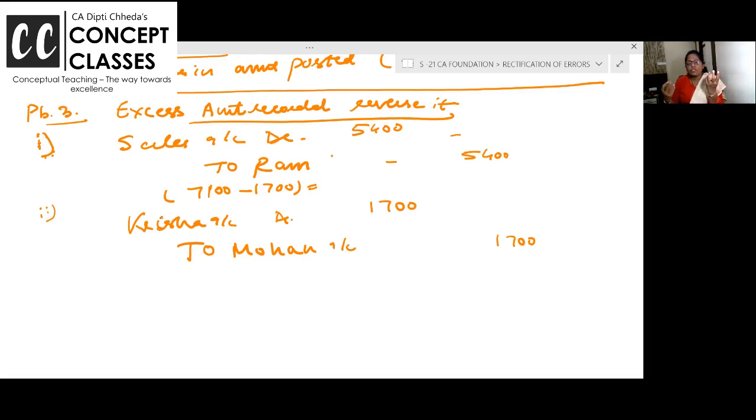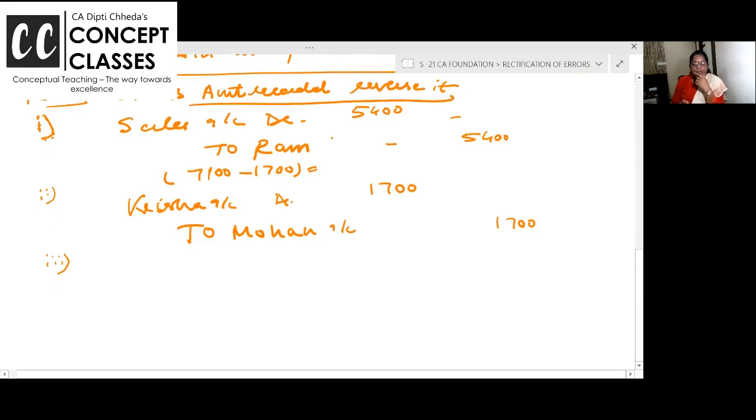Party to sales. We have sold the goods to Mohan. Mohan is not credited, now credit. Krishna is wrongly credited, debit. Okay? I hope you all are following. These are all bits, just 2 minutes.